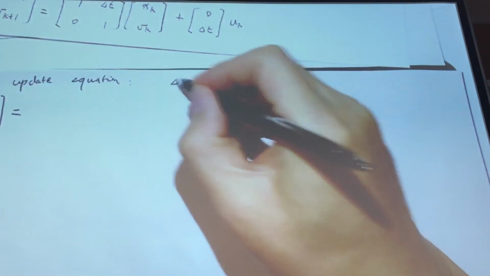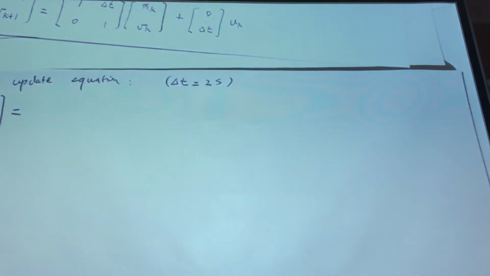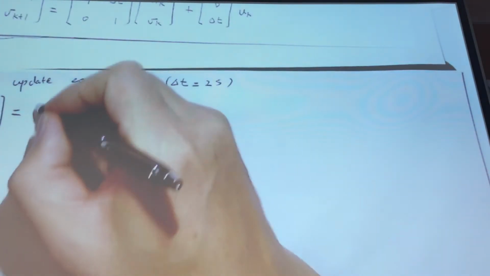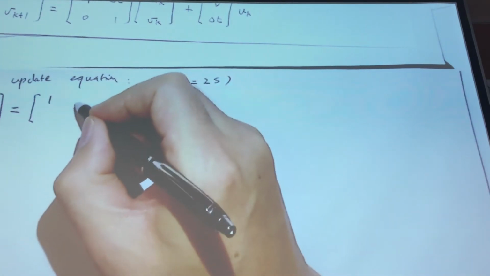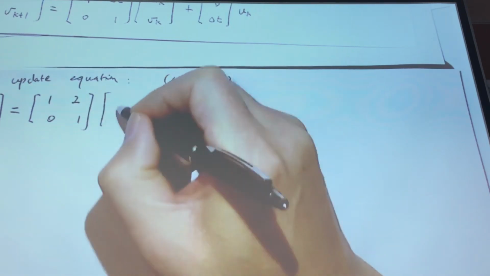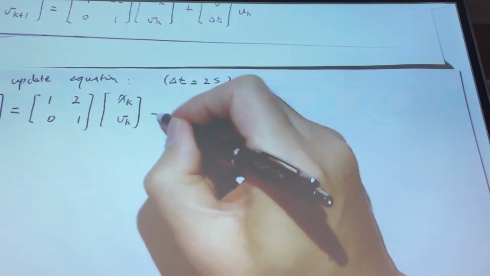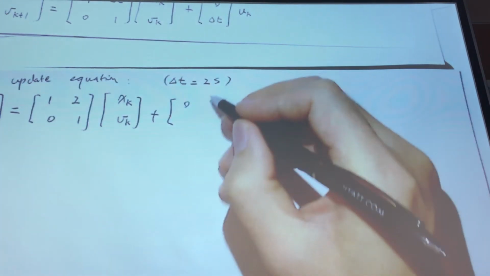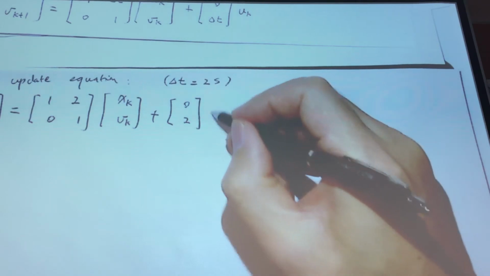Remember, we already defined delta t equal to 2 seconds. So this is given by [1, delta t; 0, 1] times [x_k, v_k] plus [0; delta t] times u_k, with delta t equal to 2.